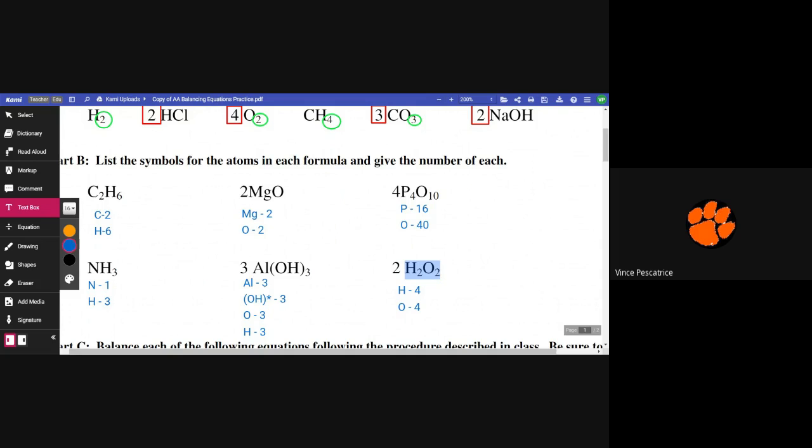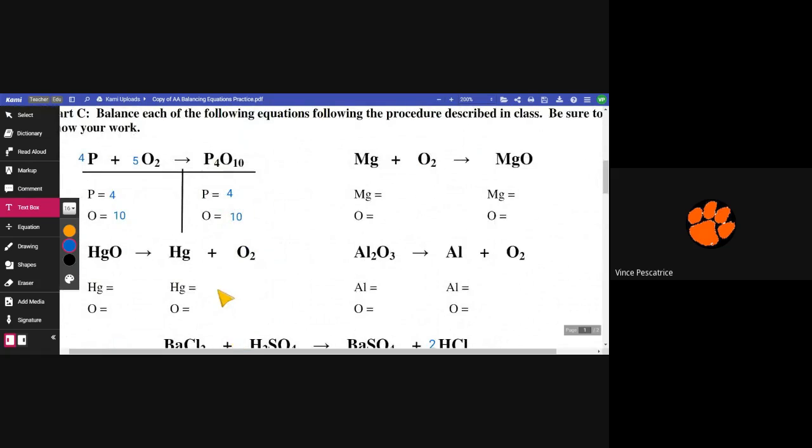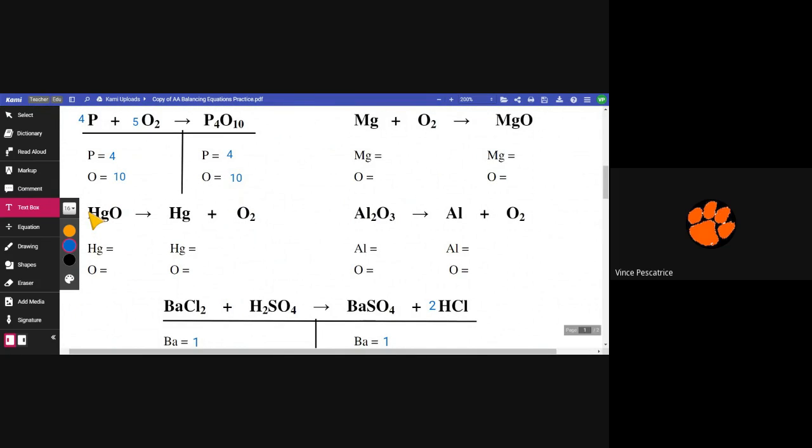H2O2 is hydrogen peroxide, it's the stuff in the brown bottle. If you slip the 2 in between there, you change the chemical altogether. So that's a good question. You can only change the coefficients. But by changing the 2 in front there, I see what you're saying, you're going to make more HGs. But the easy way is you just go back and change the coefficient to make it match and you're done.